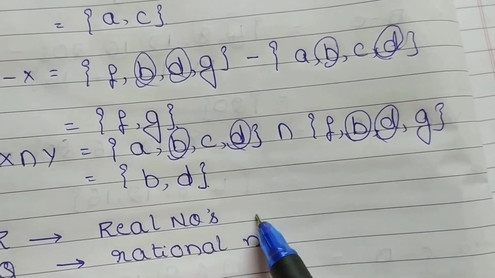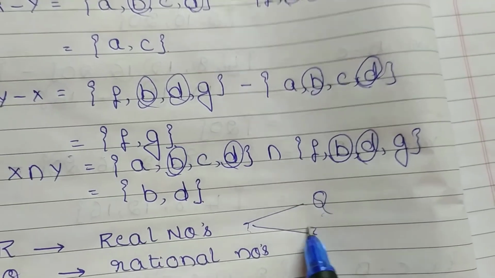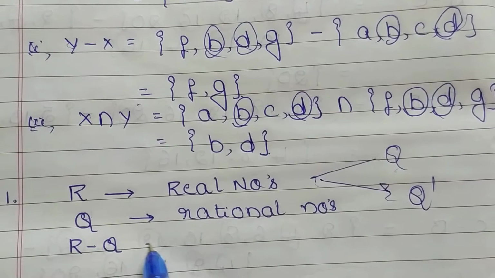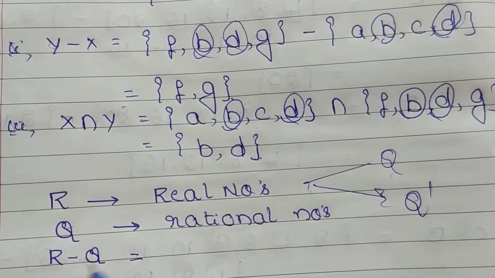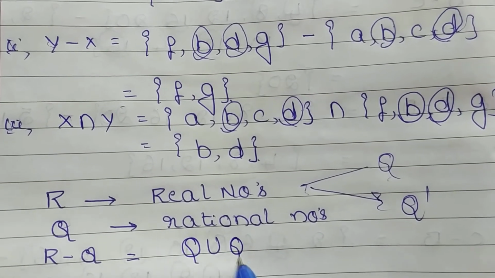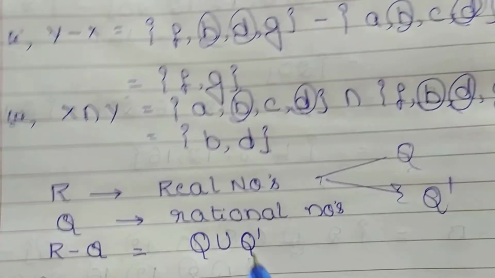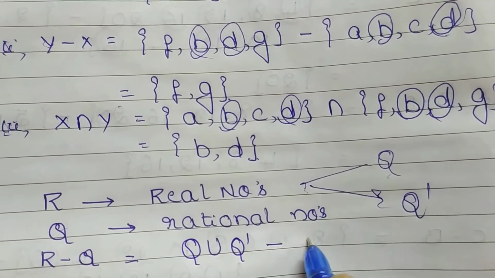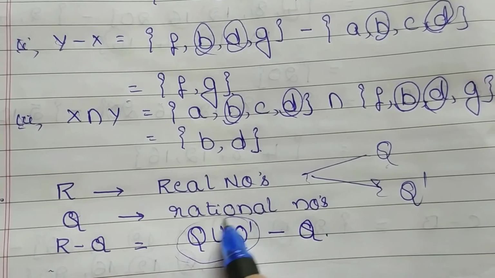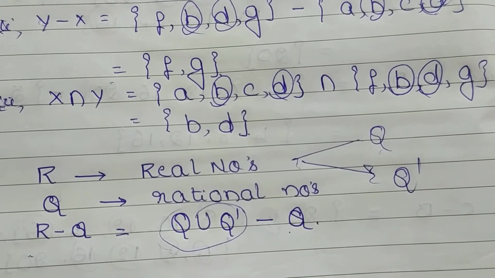R is the set of real numbers, which means it is the combination of both rational and irrational numbers. Is it not? So R minus Q means R is containing both rational and irrational numbers, minus Q. So in this we have both rational and irrational numbers, and from that we are removing the rational numbers.